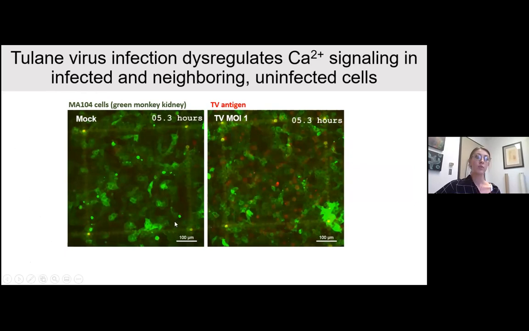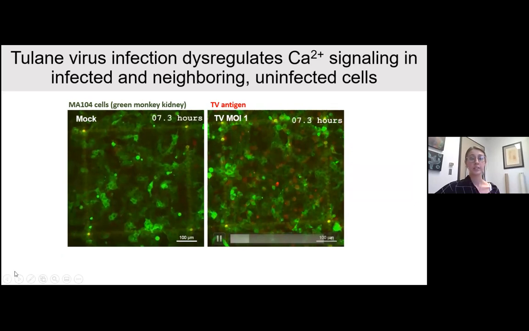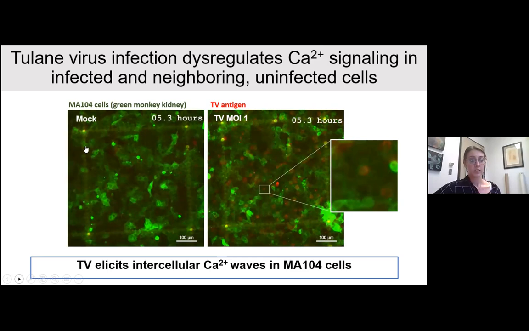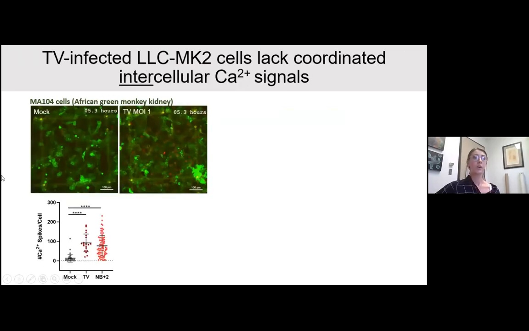So we have mock and Tulane virus infected. If we zoom in on one particular infected cell, we can appreciate again these signals occur not only in infected cells, but also in the proximal uninfected cells.